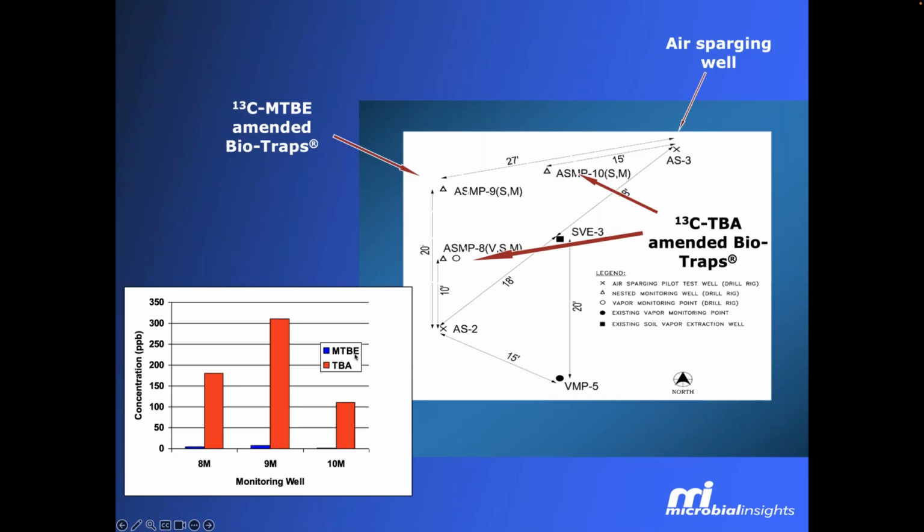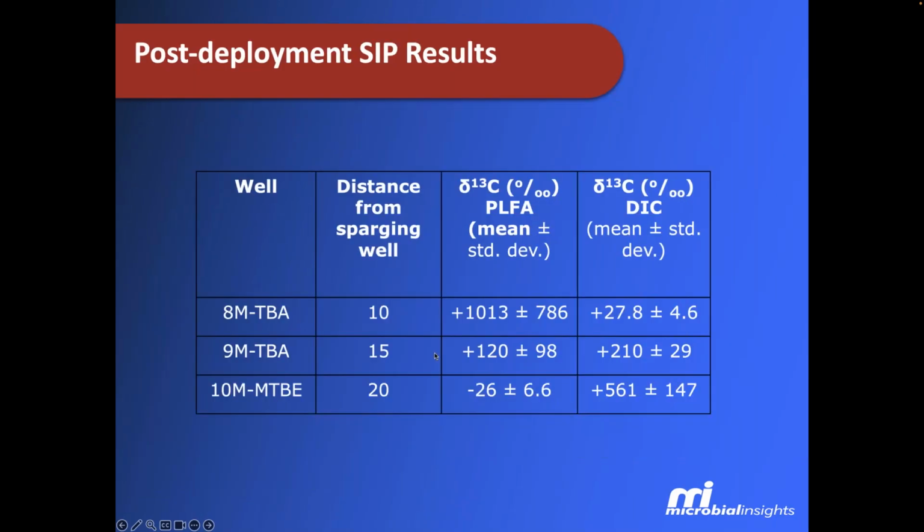You can see the MTBE and TBA concentrations here, relatively low. And just to quickly give you some results, these are the average del-13C values of phospholipid fatty acids and DIC from these wells. I've also indicated here how far these wells were from the air sparging well.